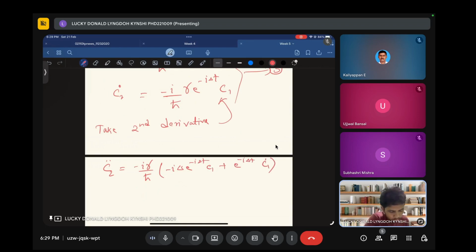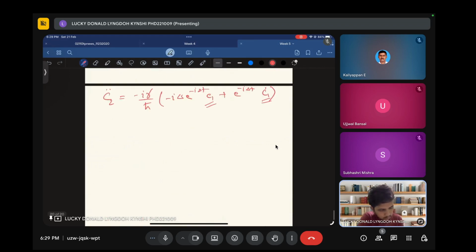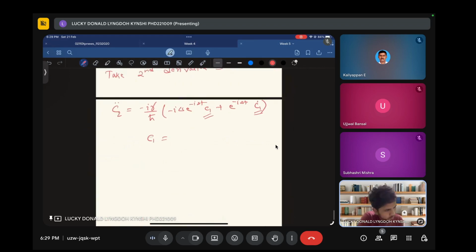Okay, so now you have c1 and c1 dot. C1 dot is already there with you, c1 dot equal to minus i gamma by h cross e to the power of i delta t c2, and c1 is obtained from the other equation.